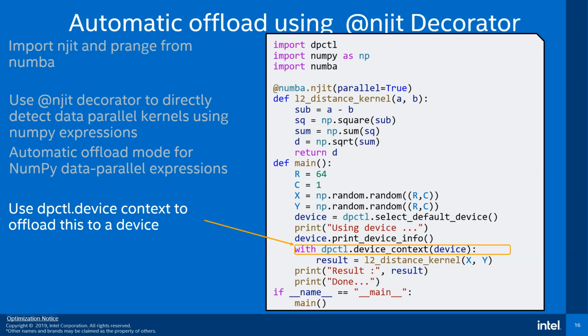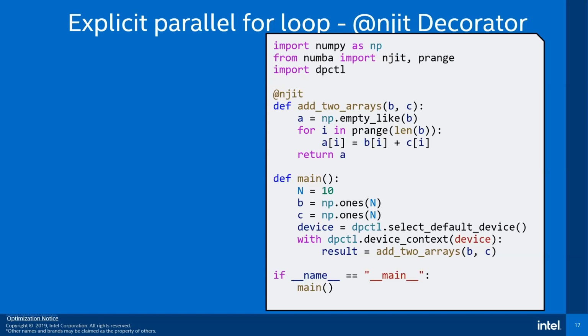So that's how we are using this automatic offload njit decorator to send it to parallel execution on the device. The other one is explicitly sending the parallel loop, and here we are importing again njit and prange from Numba, right?